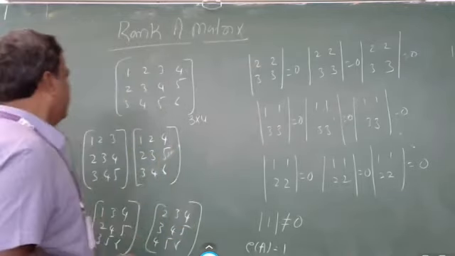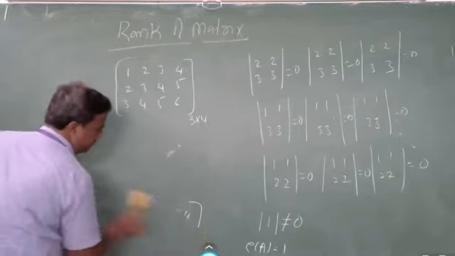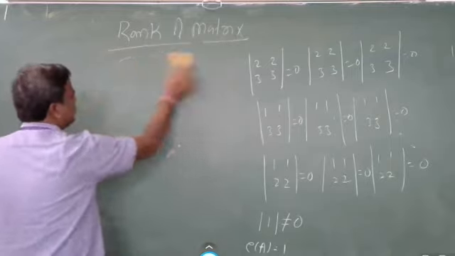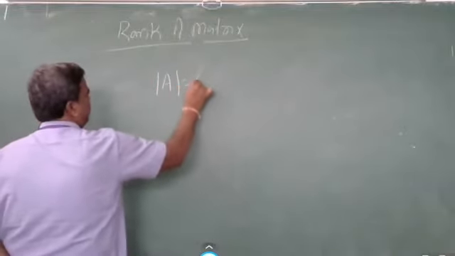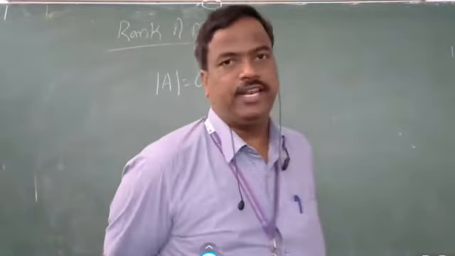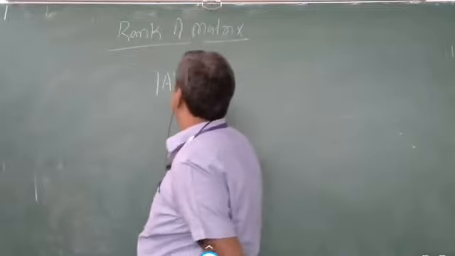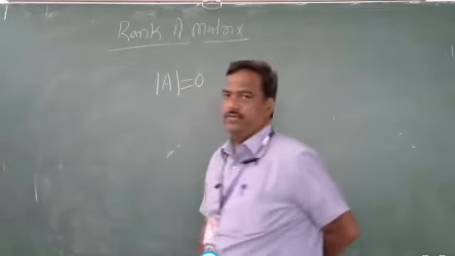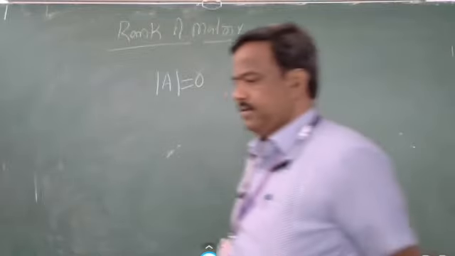And so you know the singular and non-singular. What is the singular matrix? Any matrix you have taken, if the determinant value is equal to 0, then we say that is a singular matrix. If the determinant is not equal to 0, then we say that is a non-singular matrix.